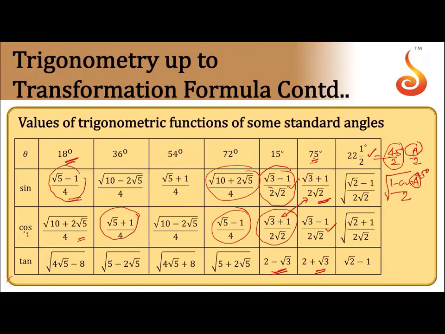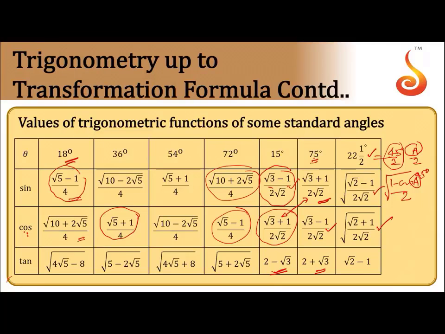When I substitute 1 minus cos 45 divided by 2 and simplify, you'll be getting sine 22 and a half as under root of root 2 minus 1 by 2 root 2. And cos 22 and a half is equal to under root of root 2 plus 1 by 2 root 2.